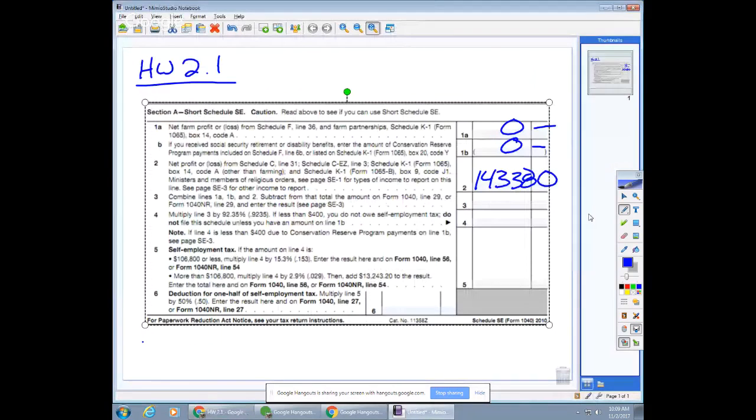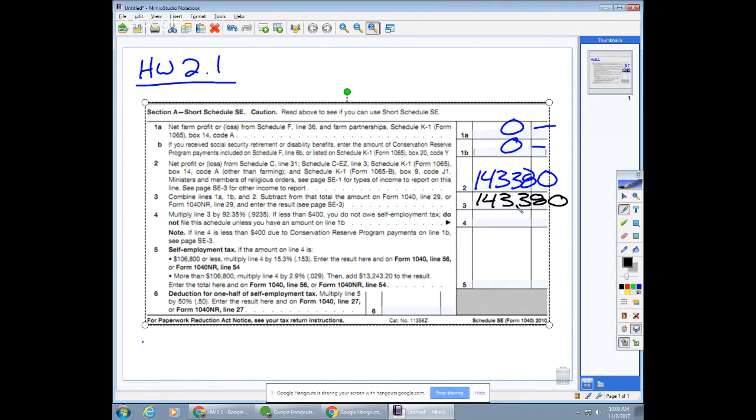So on this line, we're just going to combine those 3. So we still have $143,380. Then we need to multiply that line. Where do his expenses fall in here?